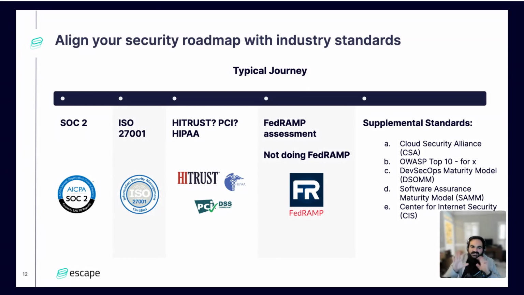And then generally, this is about the point in maturity where a company will think about doing a FedRAMP assessment. The most normal outcome of a FedRAMP assessment is, yeah, we're not going to do that. The main reason is that FedRAMP is the only one of these standards where it's not enough to say, here's our vulnerability policy and here's evidence that we generally follow that policy.